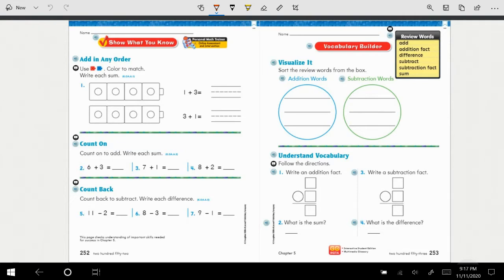Okay, but we know we can add in any order. So if we have 1 plus 3, we can turn it around. Okay, switching the addends does not change the sum. So if we switch those addends and turn it into 3 plus 1, what does it look like now? And what is the sum?